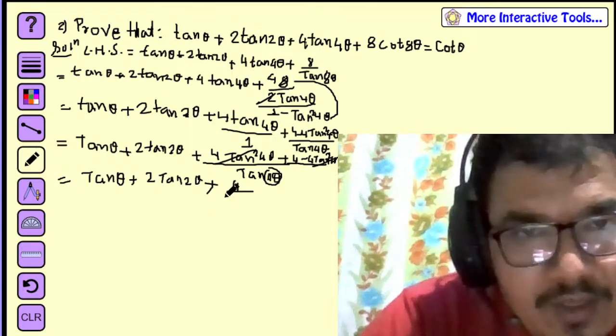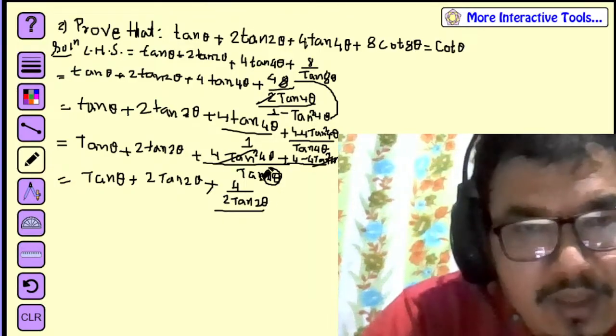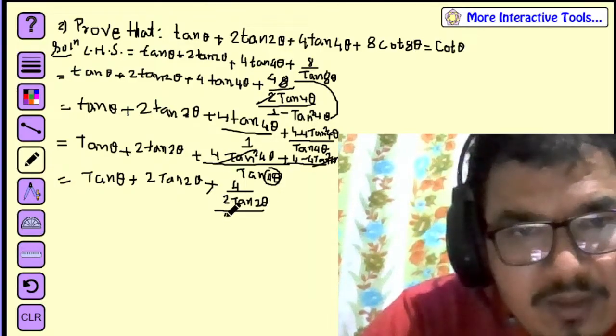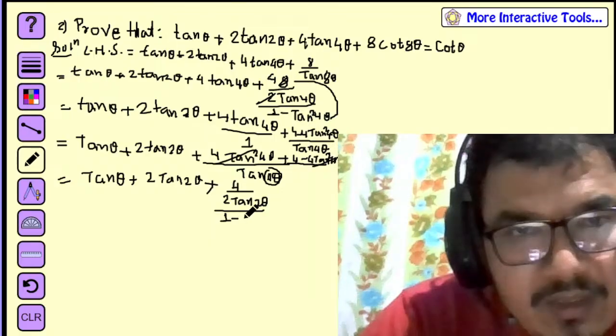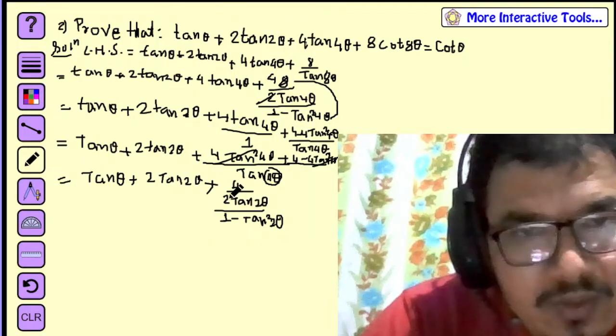So the formula is 2 tan 2 theta upon 1 minus tan square 2 theta. Now we can cancel this: 2 ones are 2, 2 twos are 4, we can cancel.